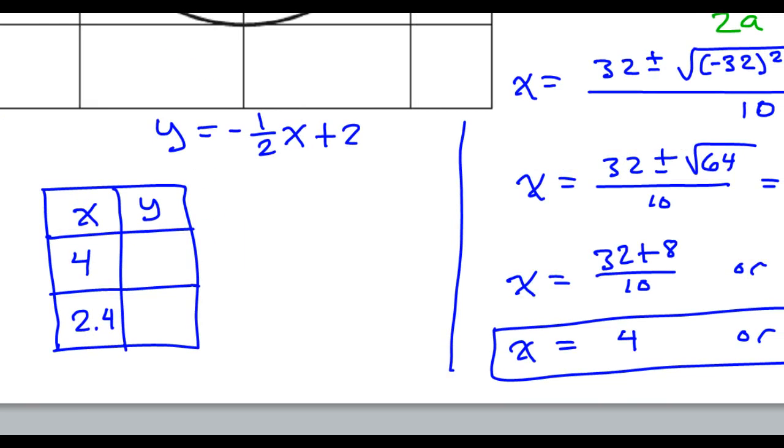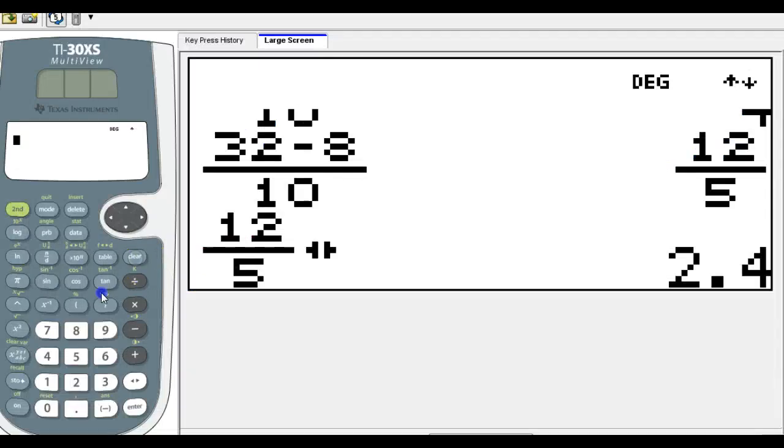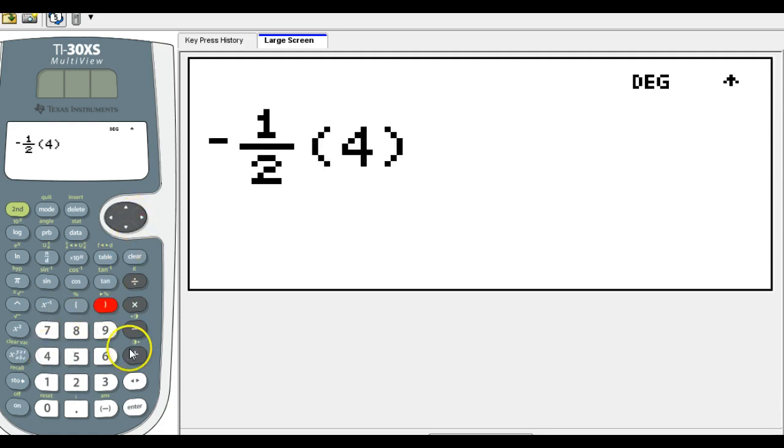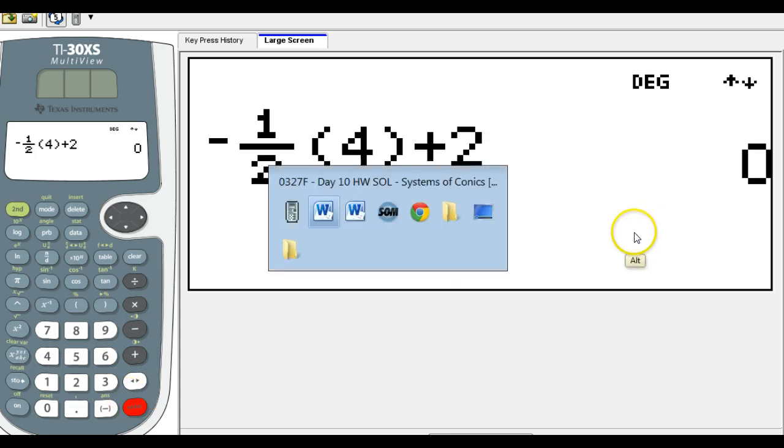Okay, now the y values will come from this. If x is 4, then this equation gives us -1/2 times 4 plus 2. All right, that is 0.